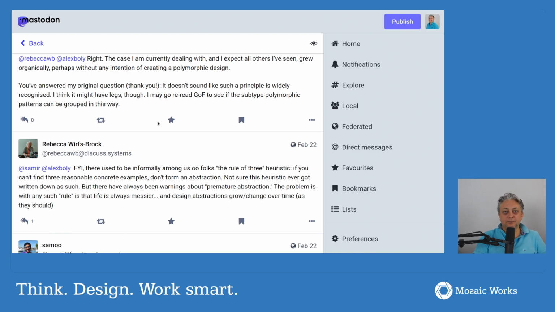Well, as I said, there were two. For every GoF pattern, there are two ways of doing it: with inheritance, with composition.